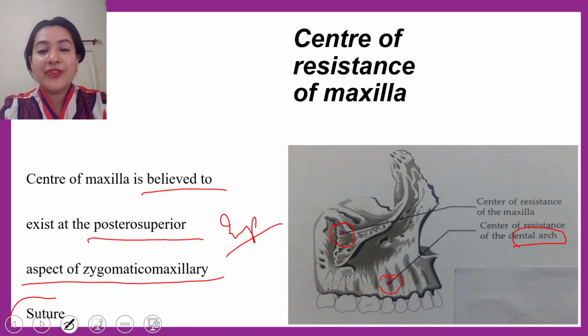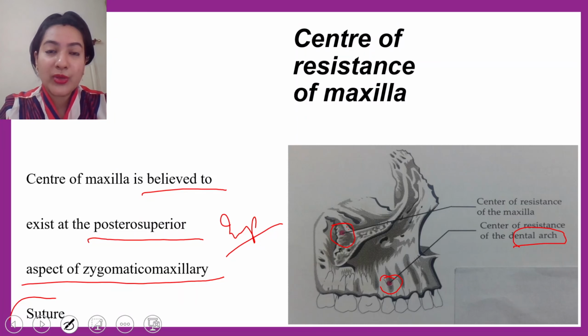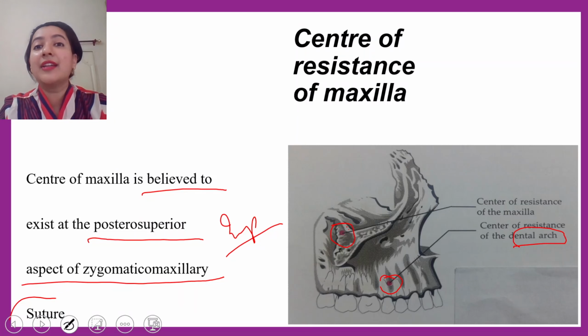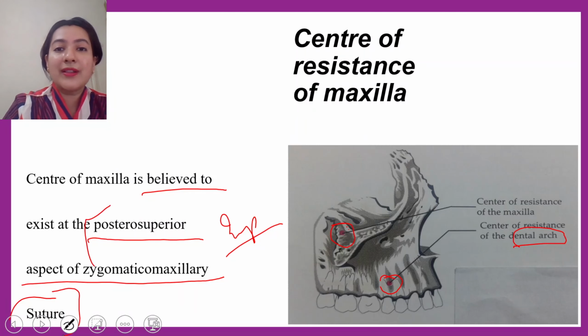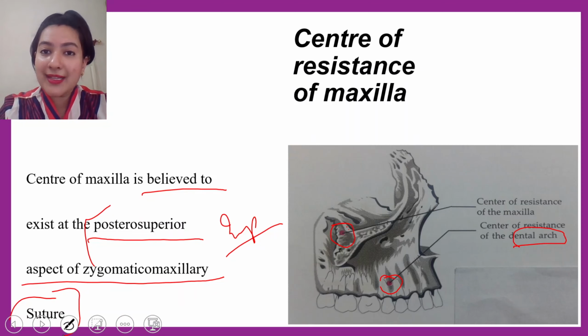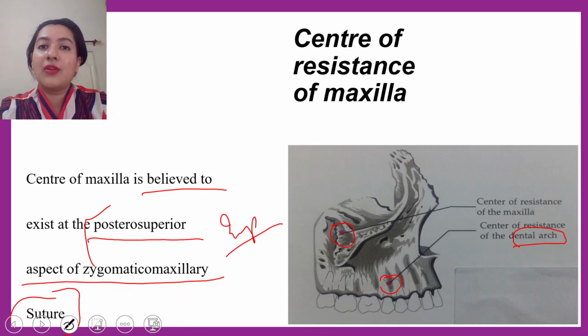Okay, the center of resistance of the dental arch is required when we are distalizing the dental arch with the help of mini implants maybe. Okay, but when we are using orthopedic appliances like headgear, we should know the center of resistance of the entire maxilla, which lies over here. Okay, so once we locate the center of resistance of maxilla, we give the orthopedic appliance in such a way that the force element passes through this.